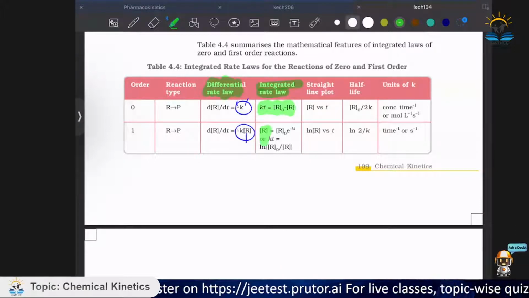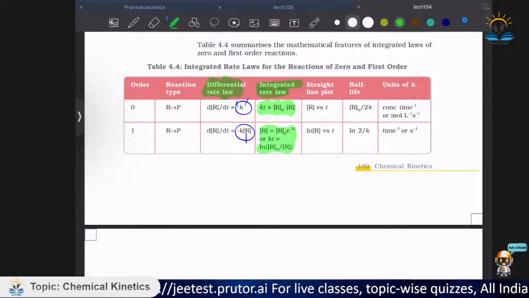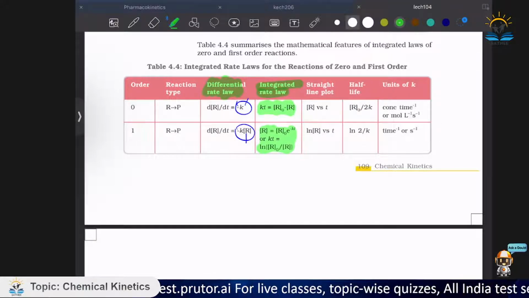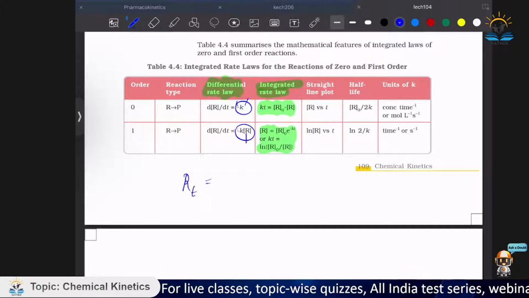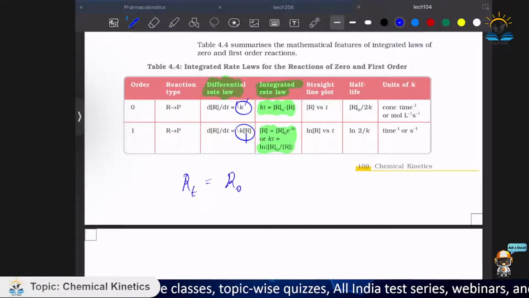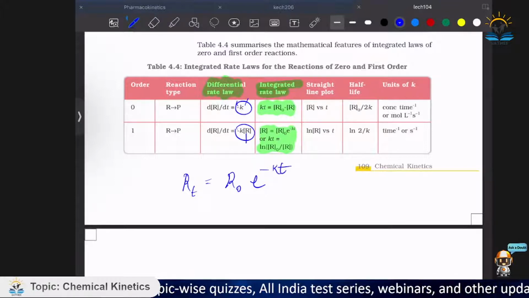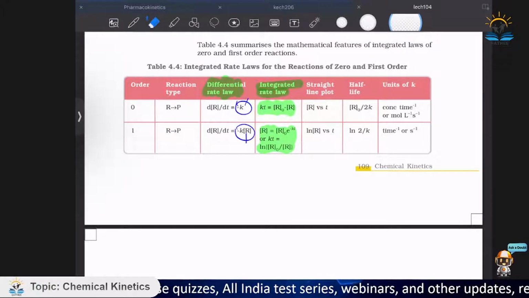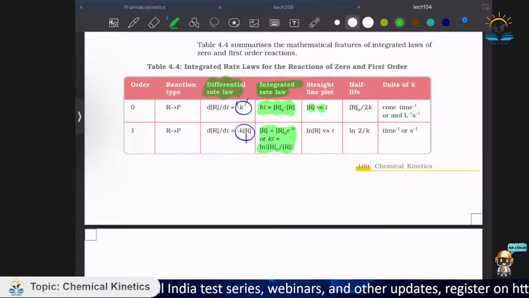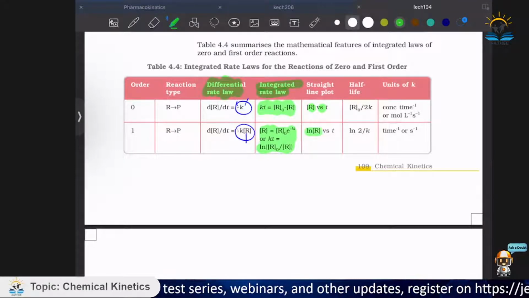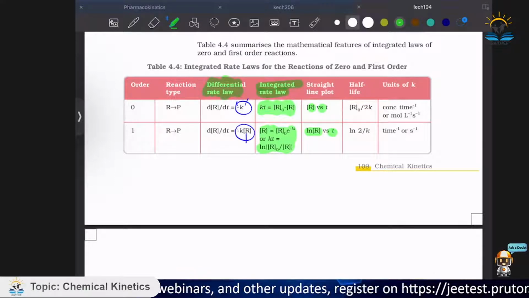For first order, you have to take logs here because it is instantaneous. So the concentration of reactant at any time t is the initial concentration of reactant times e to the power minus kt. Then a straight line plot will be obtained when you plot concentration versus time for zero order, and here, natural logarithm of concentration versus time.